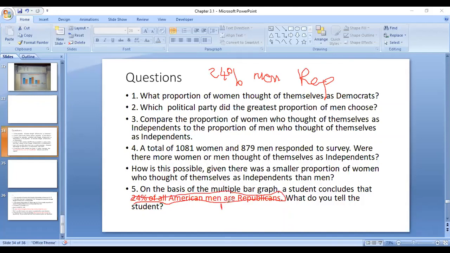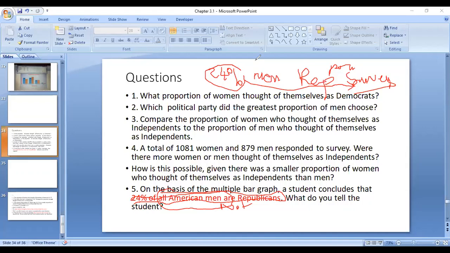This is not correct, right? Because 24% is of the people in the survey, 24% of the people in the survey, not all American men, right? This is the difference. So it cannot be 24% of all Americans.